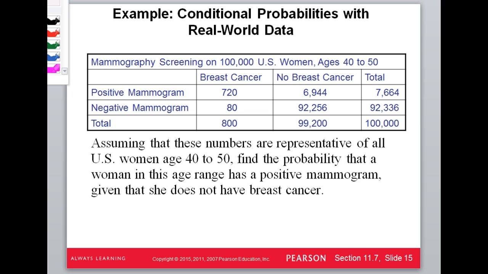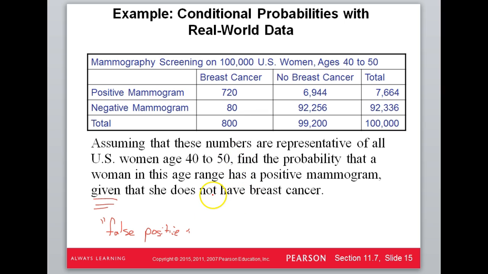So a false positive. That's also called a false positive. So the test shows that there is cancer or possibly cancer present, but the person doesn't have breast cancer.